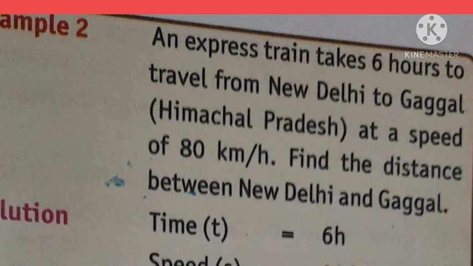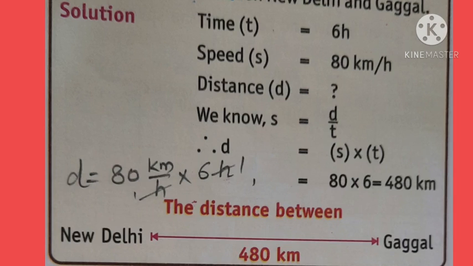Next example: an express train takes 6 hours to travel from Delhi to Gagal in Himachal Pradesh at a speed of 80 km per hour. Find the distance between New Delhi and Gagal. Solution: in this question, speed and time are both given. Time is 6 hours and speed is 80 km per hour.